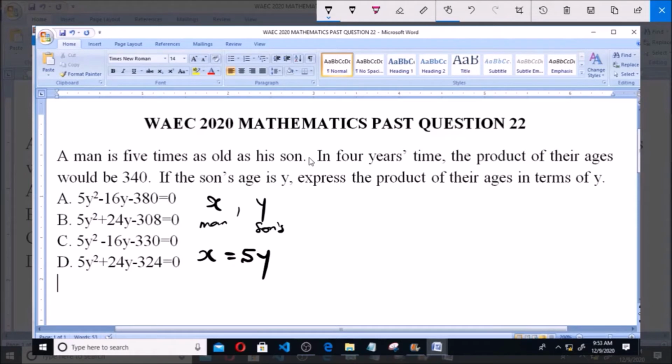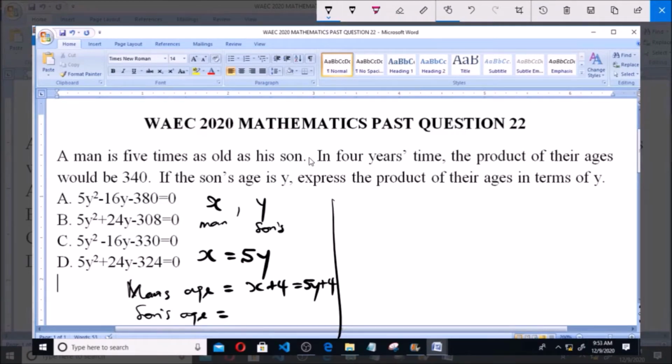Then in 4 years' time, the product of their ages would be 340. Now in 4 years' time, the man's age will be x plus 4. And since x is equal to 5y, that means it's 5y plus 4. Then the son's age in 4 years' time is y plus 4.